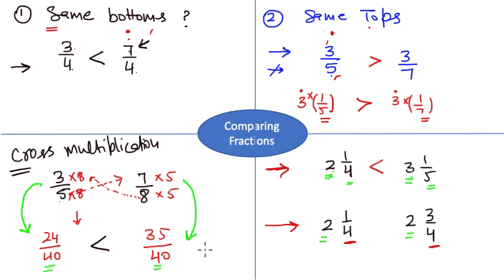If they do not have any of those, you use a cross multiplication and then come to your conclusion, right?